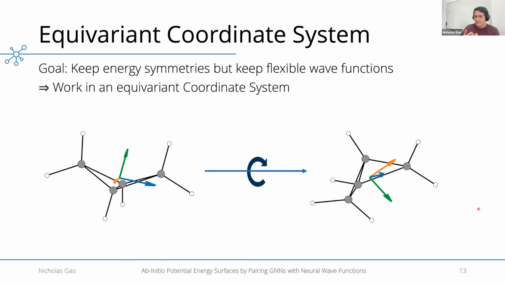To implement this, we take all the nuclei, compute the principal component analysis, and take the three principal components as the axes. Then we do several tricks to resolve sign ambiguity, because eigenvectors are generally not directional. And then we end up with some coordinate frame in which we can work.